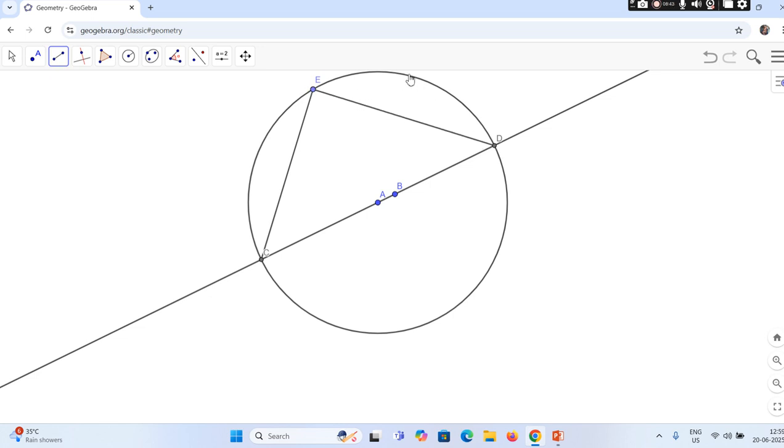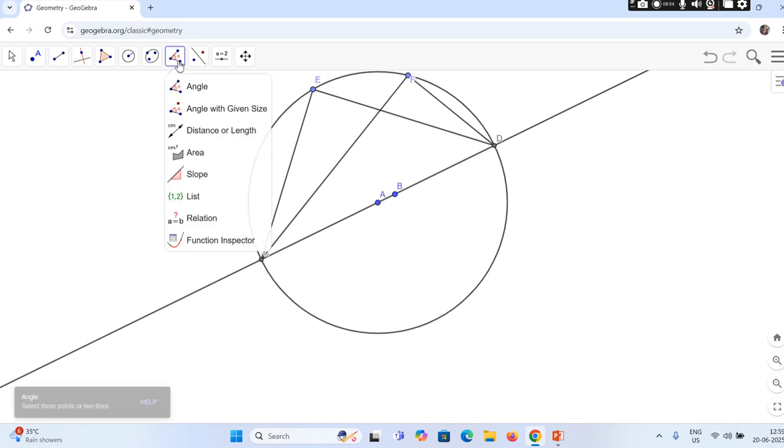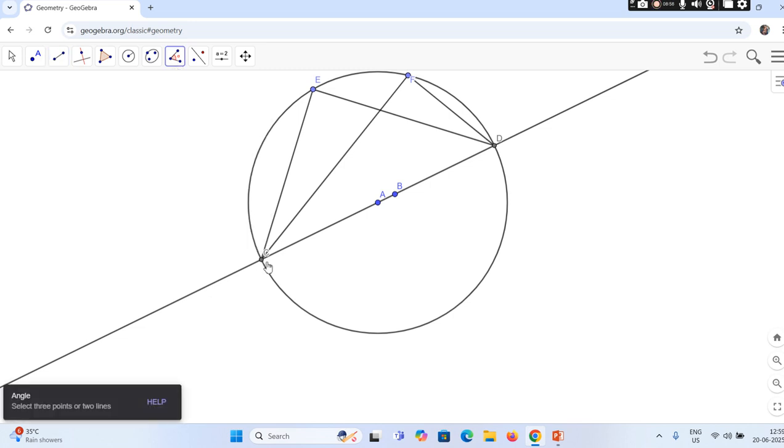Let's take another point at any part of the semicircle. Then we'll measure. Now we are going to measure these angles. Now dear students, you can clearly observe the measure of the angle is 90 degrees.